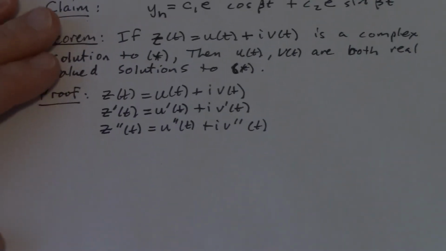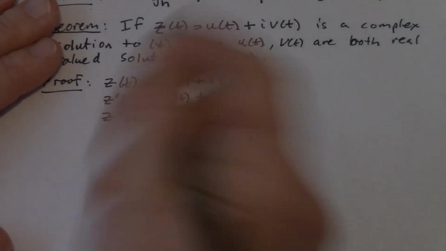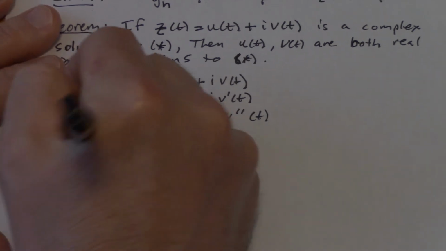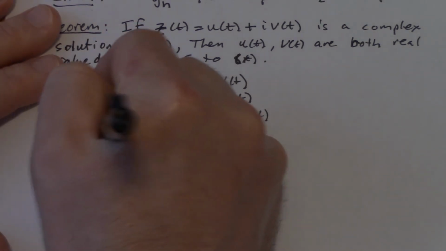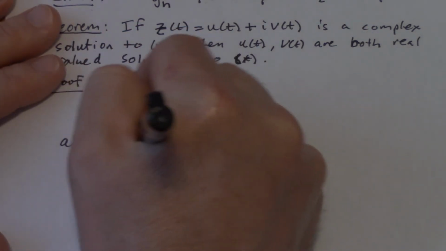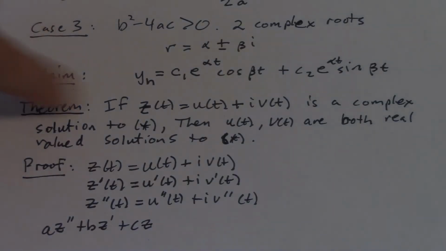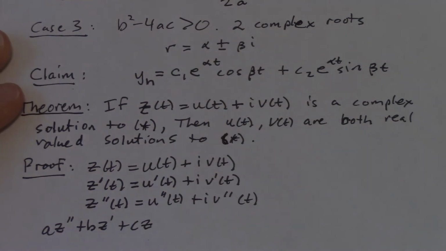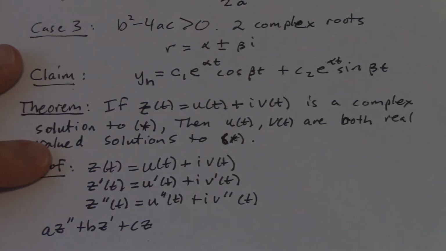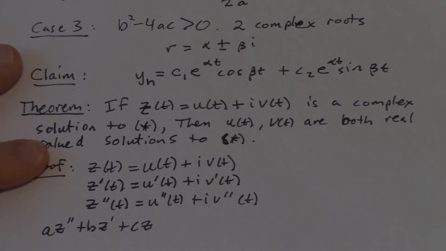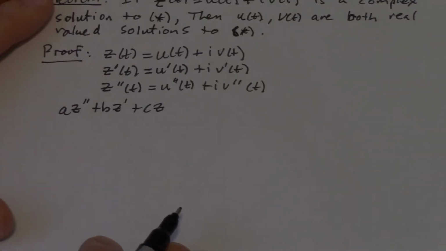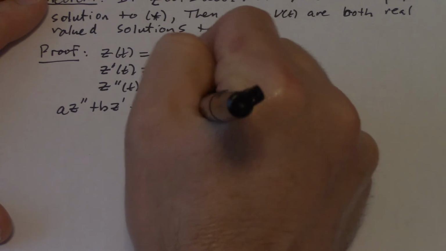So we're going to substitute that then into star. So that means we're looking at a z double prime plus b z prime plus c z. Now, keep in mind here, the theorem says that this is already a solution. So a lot of times when we're trying to show something is a solution, we want to get an answer of 0 in the end. In this case, we can already assume that it's equal to 0 because we've said it's a solution.